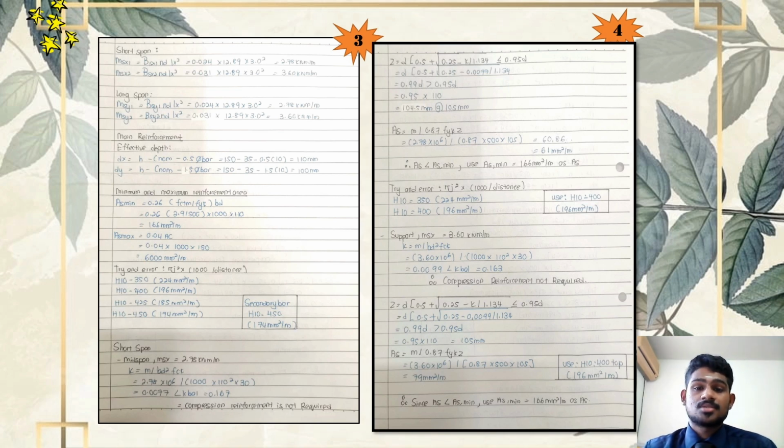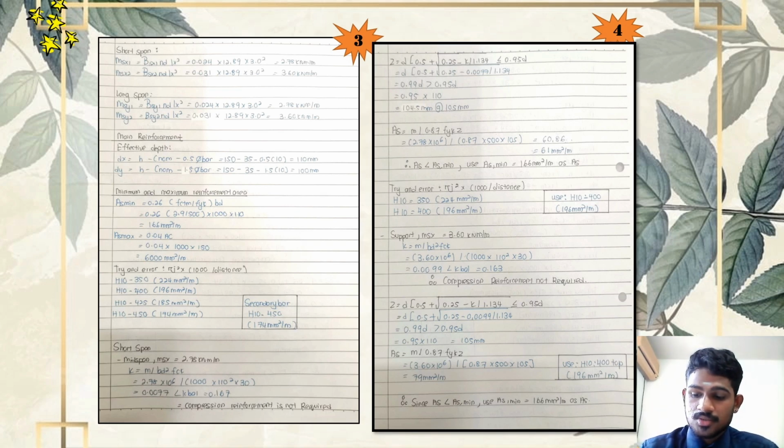The next step is we are going to find the Z, using the formula of d bracket 0.5 plus square root of 0.25 minus k over 1.134. The Z that you will get must be less than 0.95d. If you get less than 0.95, you use the value that you get. If it is bigger than 0.95, you will use the value of 0.95, which is the limiting value.